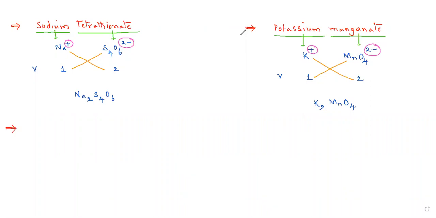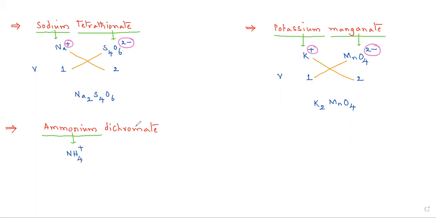Say ammonium dichromate. If you have already written the formulae of all the radicals, you can just check out. You know the formula of ammonium ion is NH4+, right?